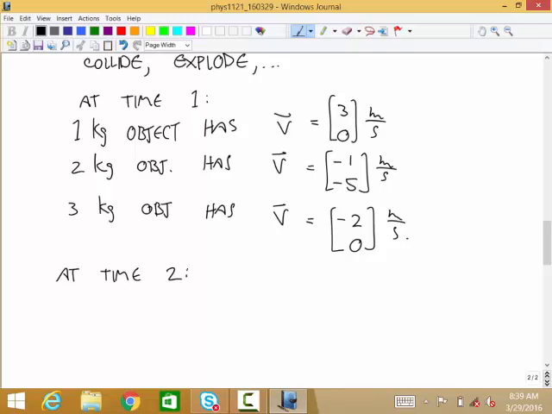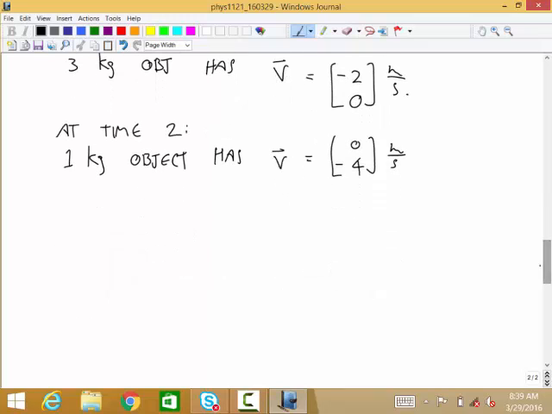At time 2, the 1 kilogram object has a velocity equal to 0, -4. The 2 kilogram object has a velocity vector equal to -3, -8.